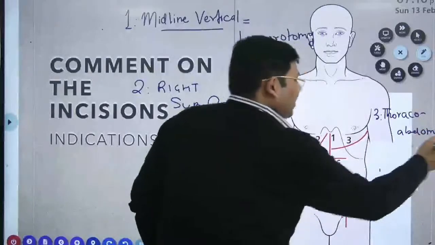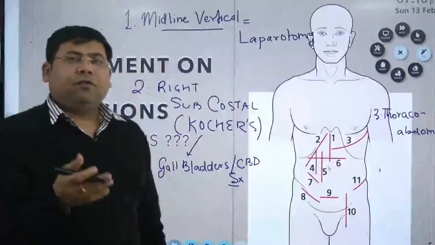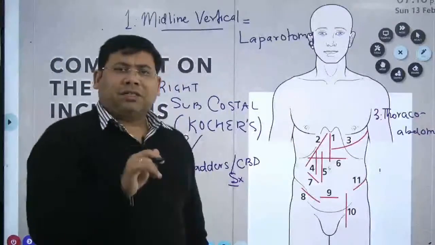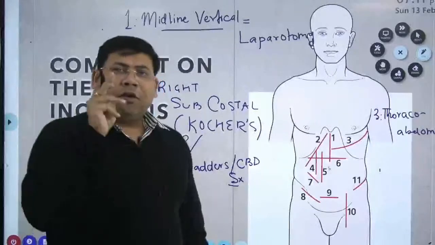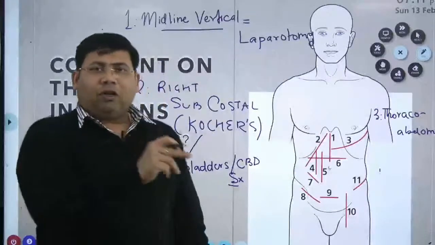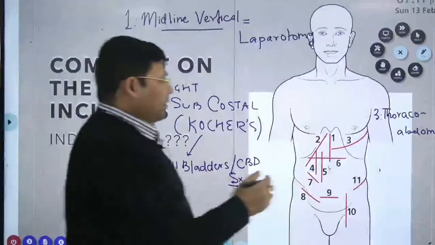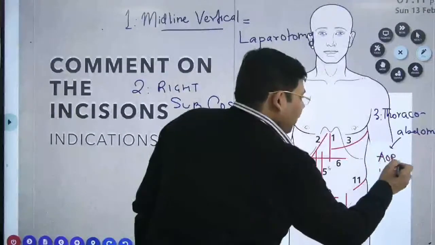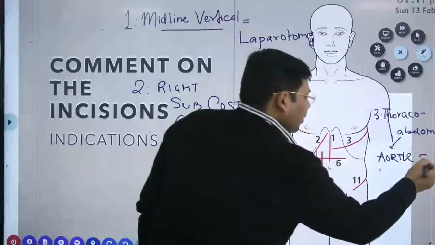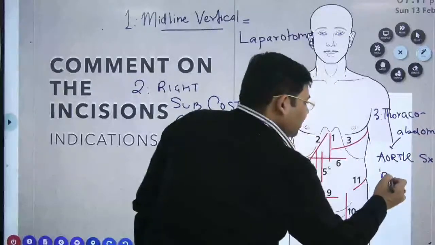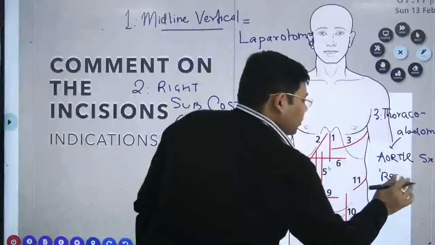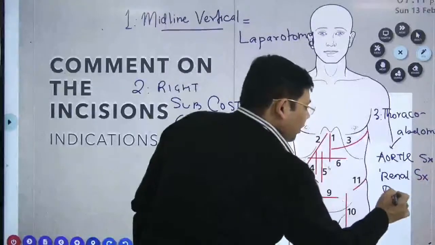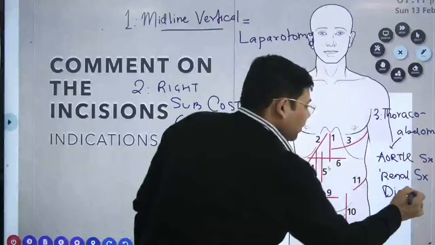Remember, this is an incision which is required when you want to enter into the retroperitoneum for renal surgeries, when you want to do any surgery on the diaphragm, or you want to enter into the mediastinal cavity or for aortic surgeries. So this is required for aortic surgeries, renal surgeries, and diaphragm surgeries.